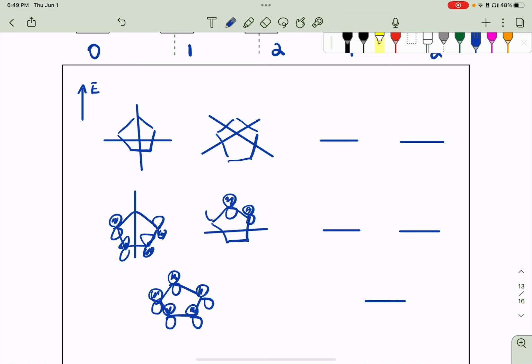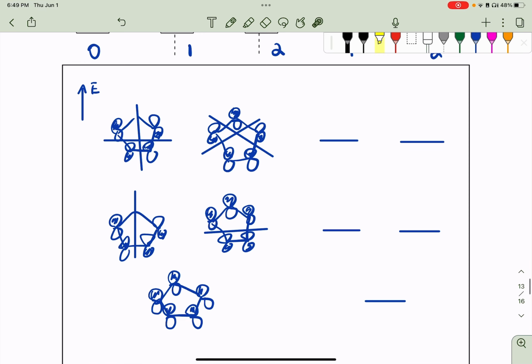These are the same. We need the nodes, we switch it. This one we switch. And switch. Likewise, like this, switch. All right, so that's just drawing the MO.